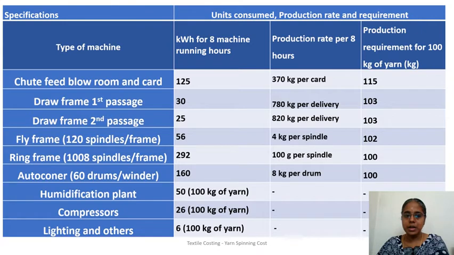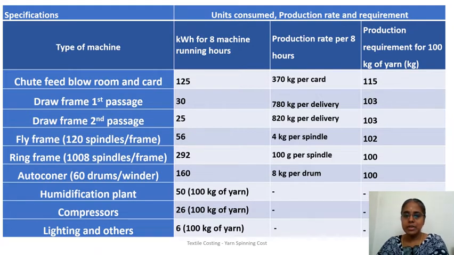These are the productive department machines, and the last three are the non-productive areas. Humidification plant consumes 50 units for 100 kg of yarn. This is already calculated. Compressor 26 units for 100 kg of yarn. Lighting and others consume 6 units for 100 kg of yarn.